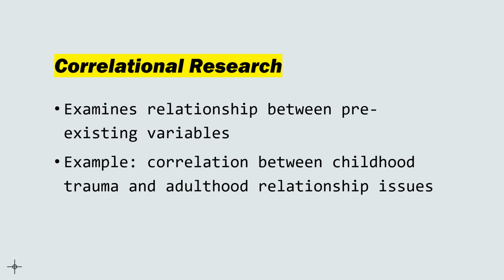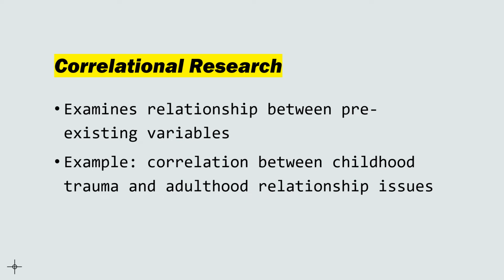In relational research, I'm getting ahead of myself here, but in order to do this study as an experiment, I would have to find a bunch of kids, take half of them, and subject them to a bunch of trauma, just horrible things. The other half of kids get to have a great life, with no trauma. Then I'd see, as adults, what their relationship issues are like.